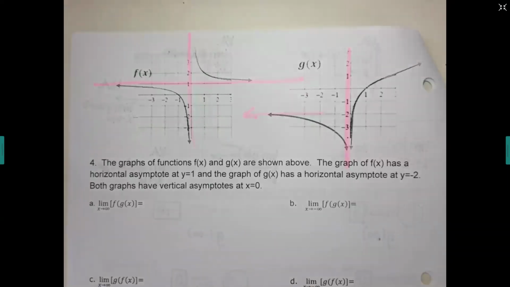Did you say that you had a question as well? The bottom one? All right, so we're approaching 0 from which side? And as I get closer and closer to 0, what are both of my sides doing? Negative infinity, right?